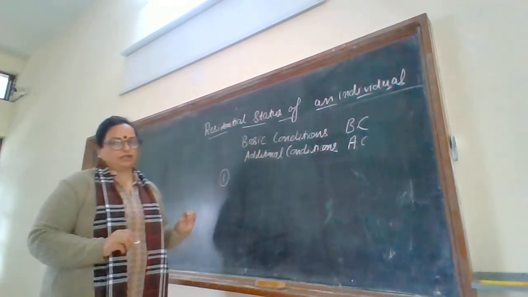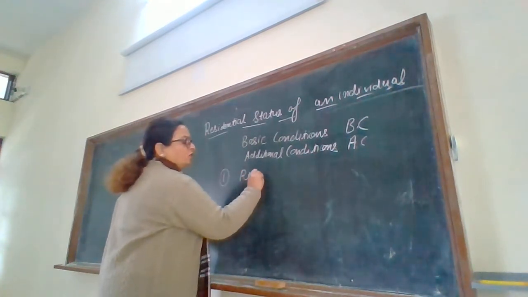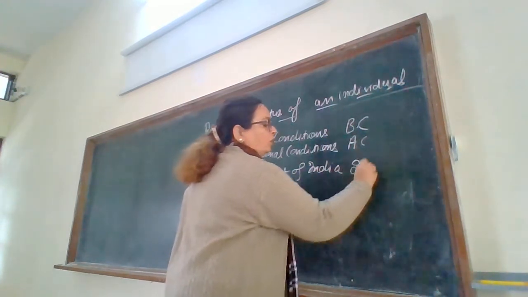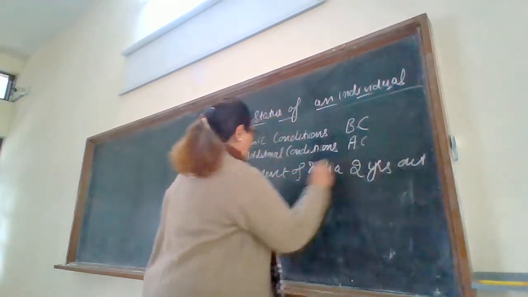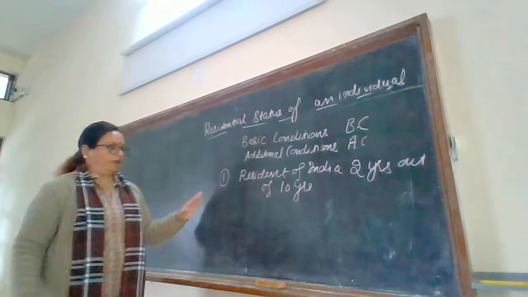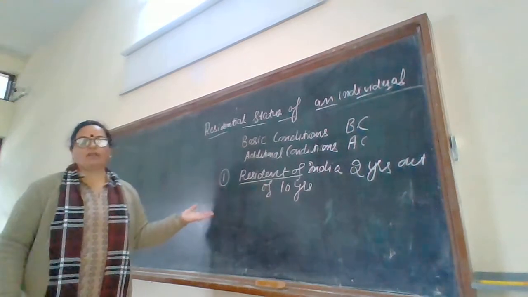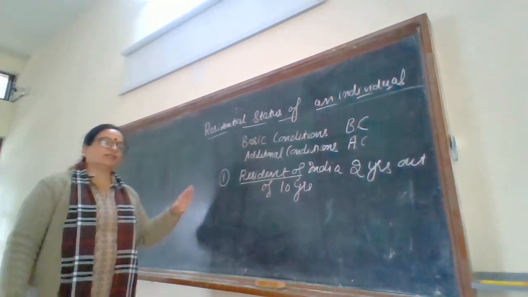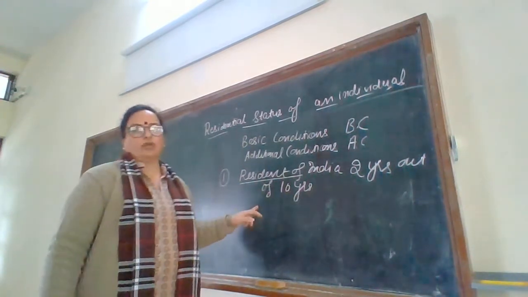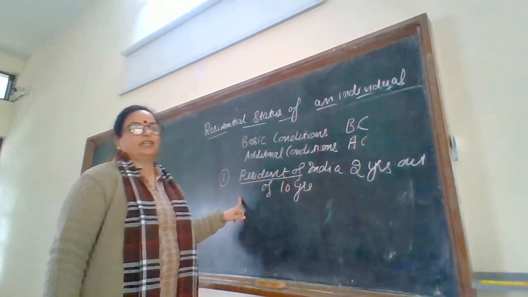The person should be a resident of India for at least 2 years out of the preceding 10 years. Resident of India means he should have satisfied one of the two basic conditions in 2 years out of the 10 years preceding the relevant previous year. So this is the first additional condition.